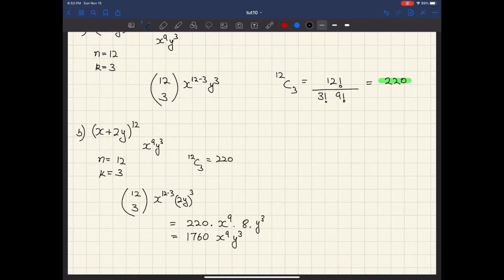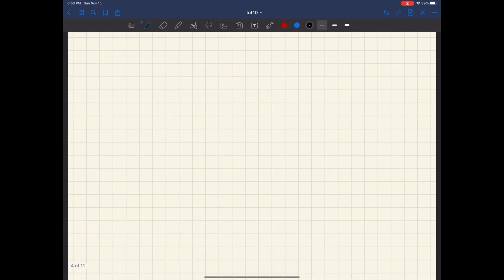If you are confused about problems like this, you can just substitute 2y as another variable, b or c, and just solve it in a normal way. The third problem is (2x minus 3y) to the power 12.